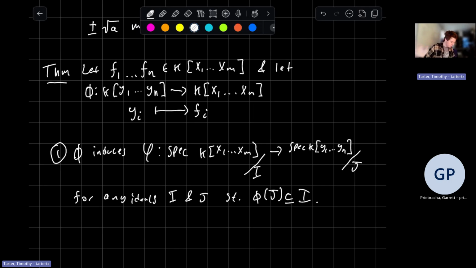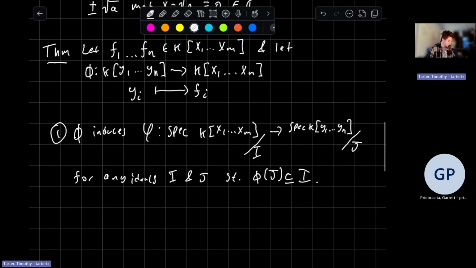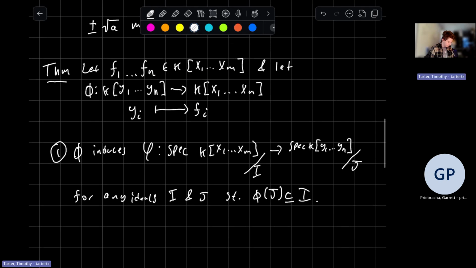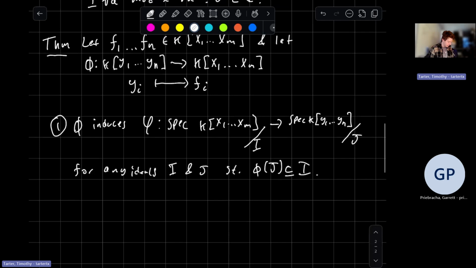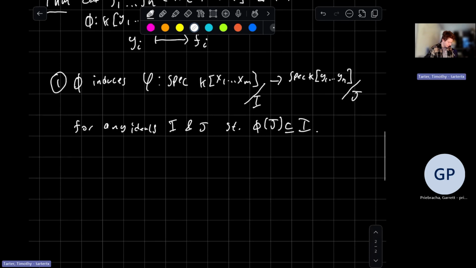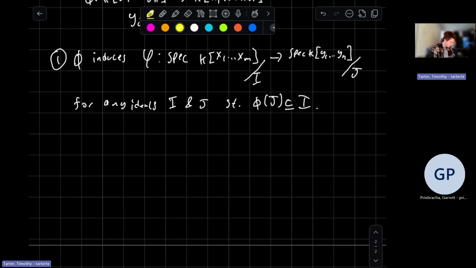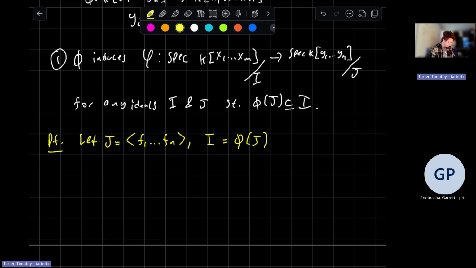Basically, if we can pick out the functions in f1 through fn that generate J, and we can let them be contained in I in the image, so let J equal f1 through fn, and then I is equal to phi of J, or really phi.